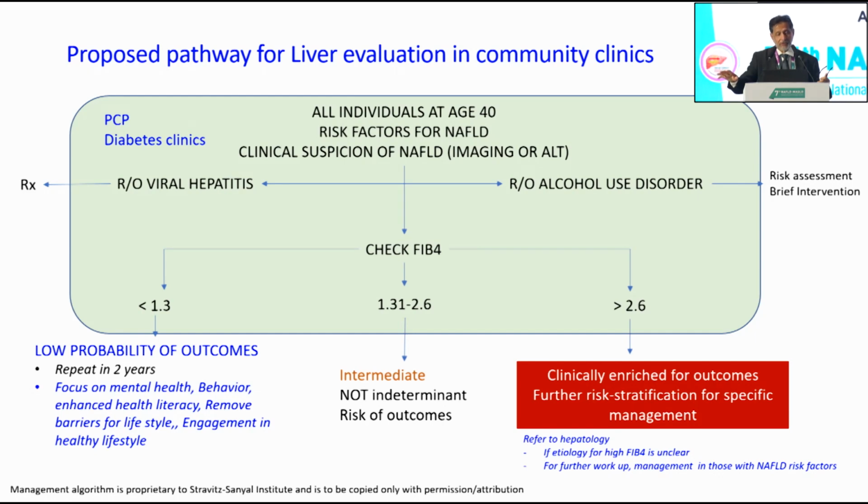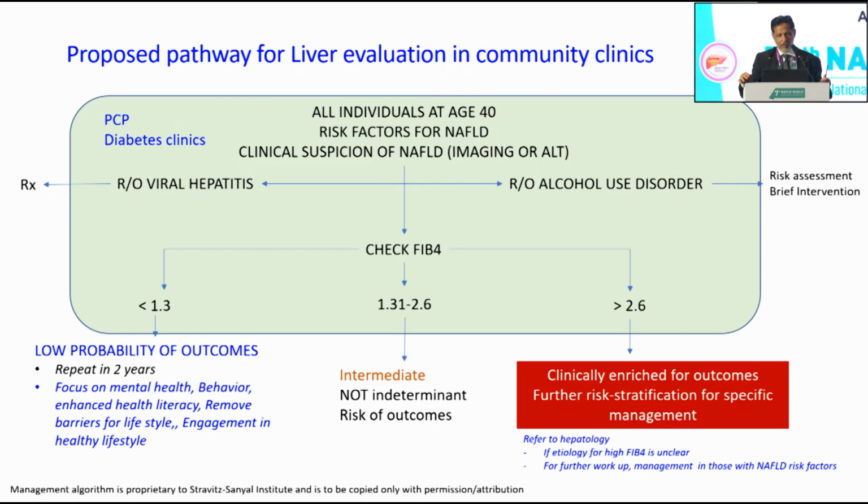Those who have risk factors, or if you have clinical suspicion based on imaging or ALT, you rule out viral hepatitis, you talk about alcohol, and you do risk-based assessment and management if there's significant concern. Our current party line is, if you have any kind of liver disease, no alcohol for you. So that's at least medically the correct decision-making pathway.